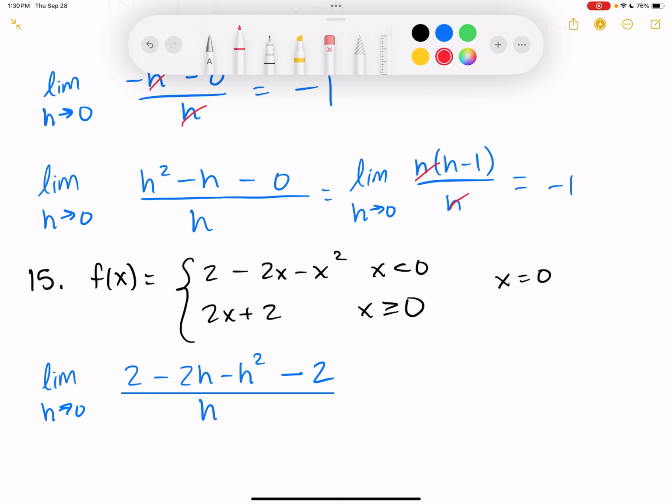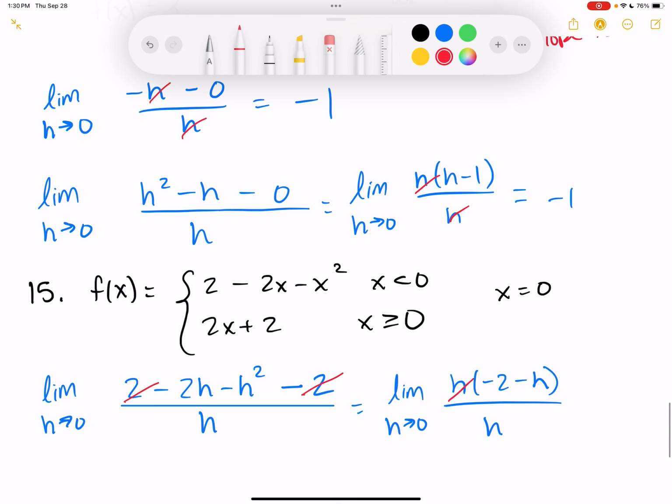So 2's cancel. I can take out an h, so the limit as h approaches 0 of h times negative 2 minus h over h. H's cancel. Evaluate at 0, I get negative 2.